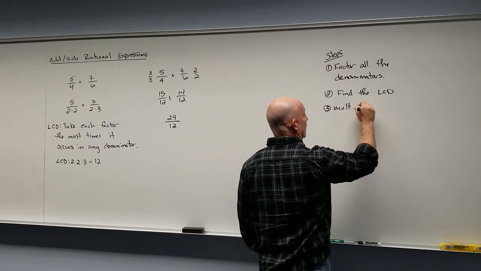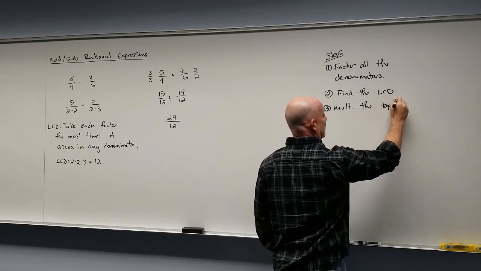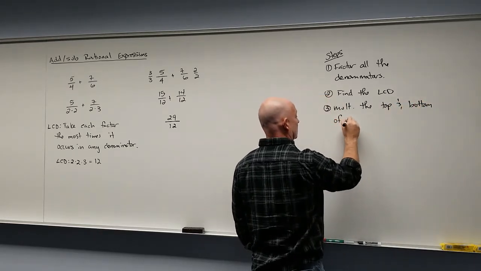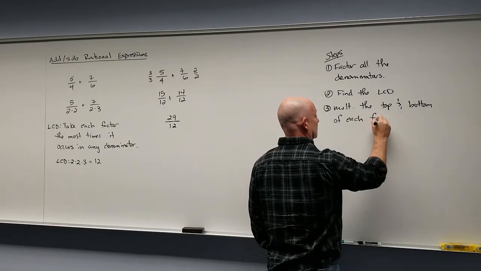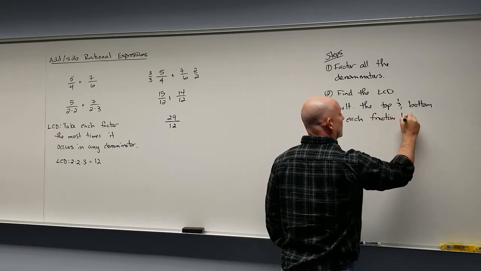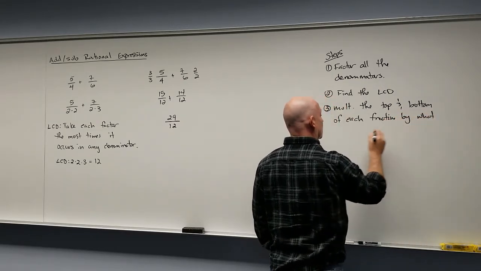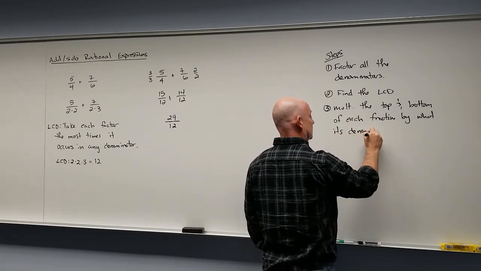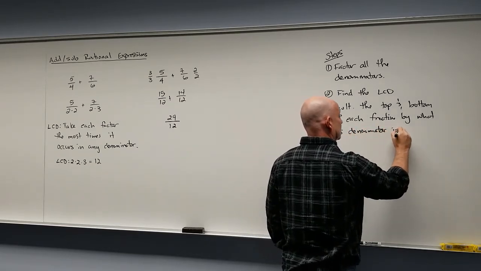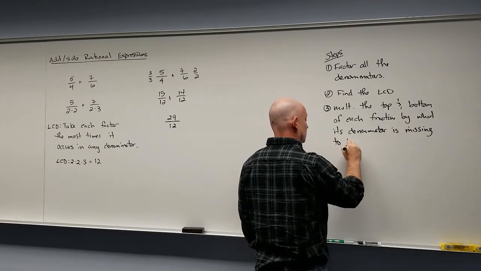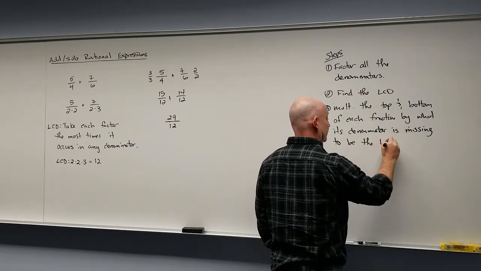Then we multiply the top and bottom of each fraction by what its denominator is missing to be the LCD.